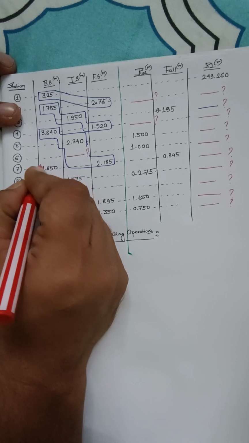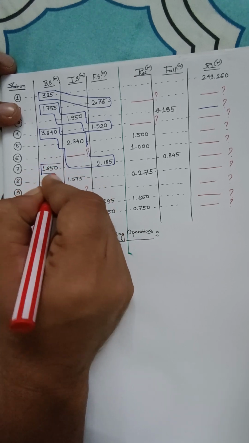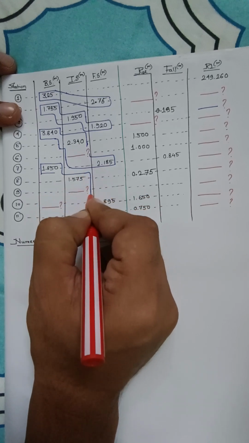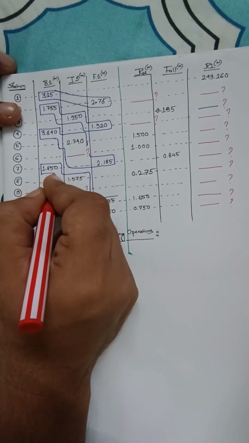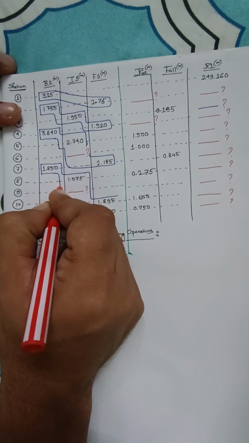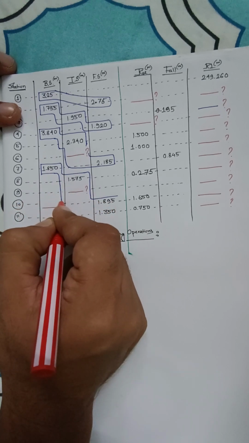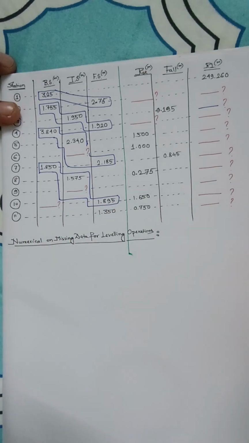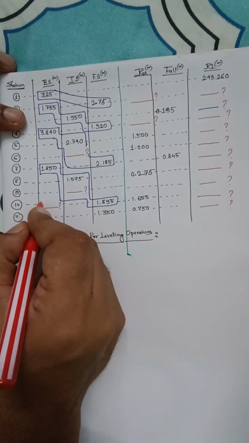The fourth setup is basically you start from a backsight and you keep on continuing until you find the foresight, wherever the foresight is. Yes, I found a foresight. That is basically the trick. And finally you have the last setup.